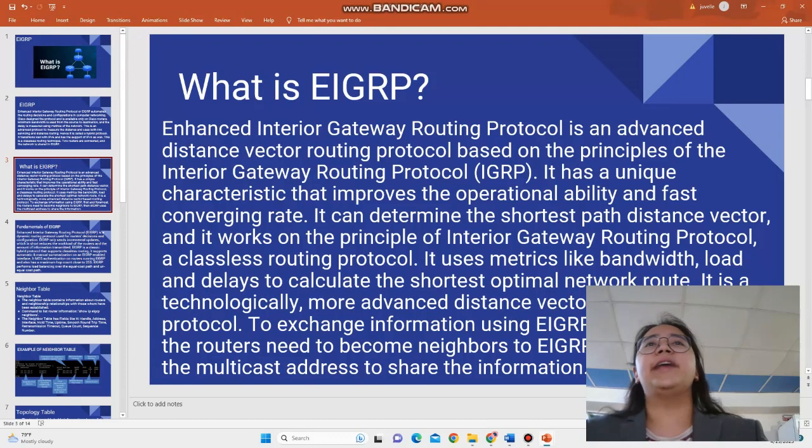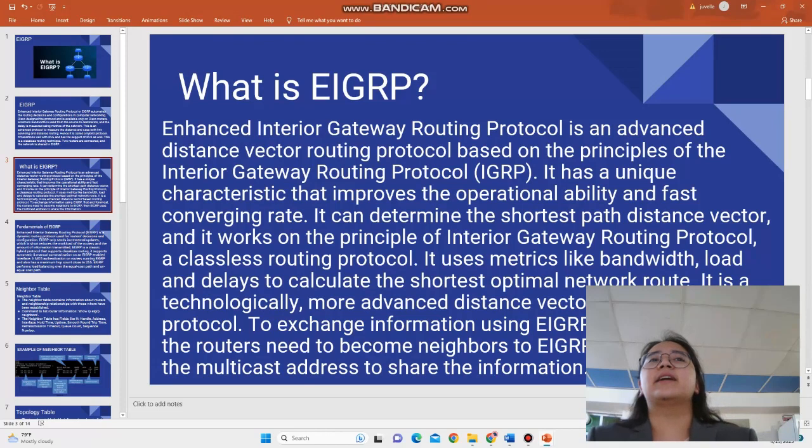Enhanced Interior Gateway Routing Protocol is an advanced distance vector routing protocol based on the principle of an interior gateway routing protocol. It has unique characteristics that improve the operational ability and the fast converging rate. It can determine the shortest path, and it is a classless routing protocol.